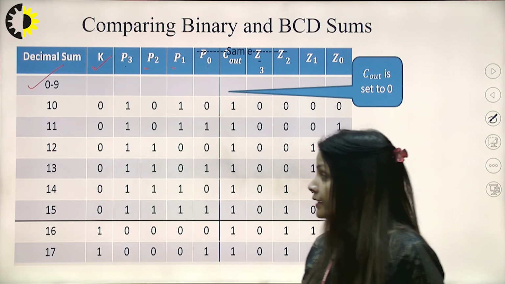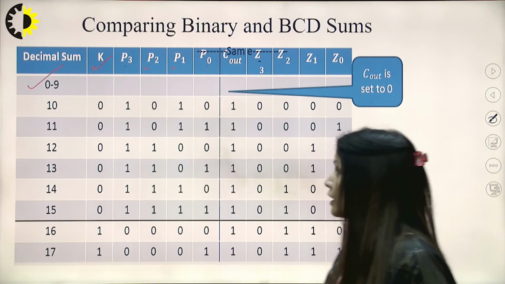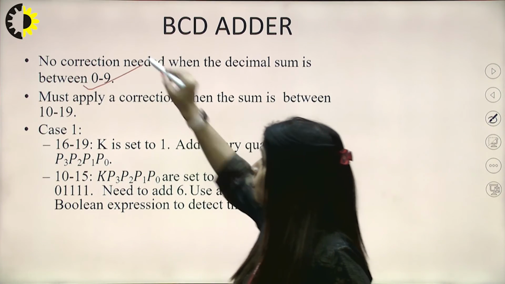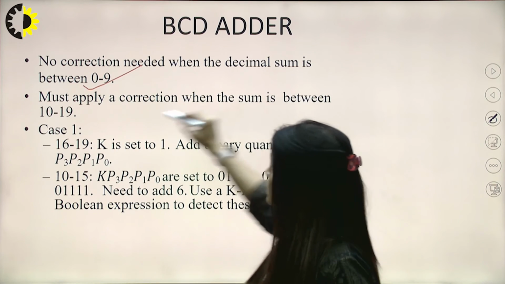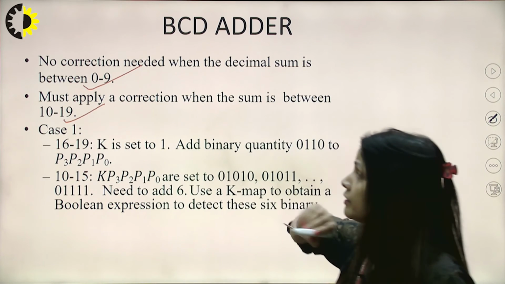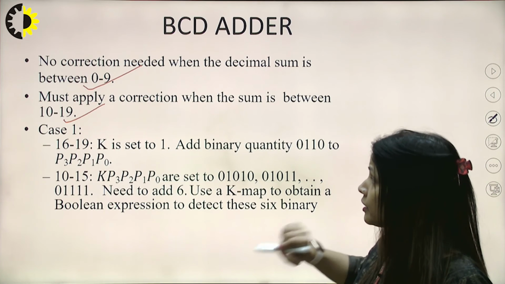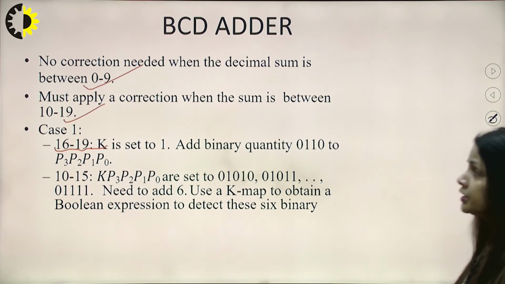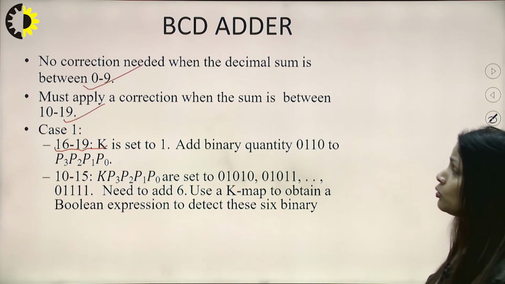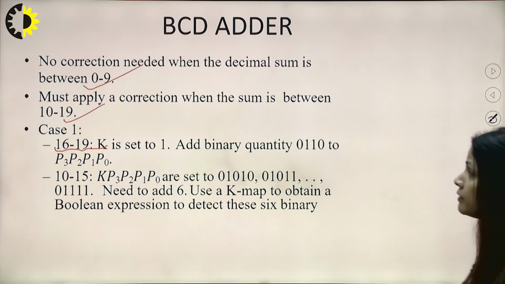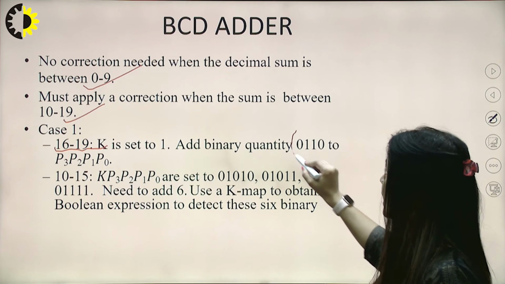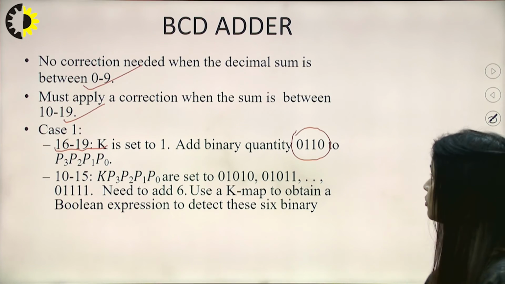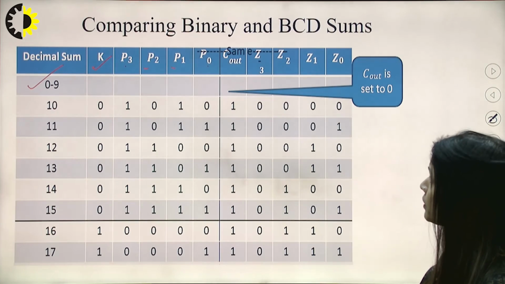For applying the corrective action, this case is okay. The sum is between 10 to 19. We can apply a correction. From 16 to 19, K is set to 1 and we need to add a binary quantity, that is 0, 1, 1, 0, to P3, P2, P1, P0.